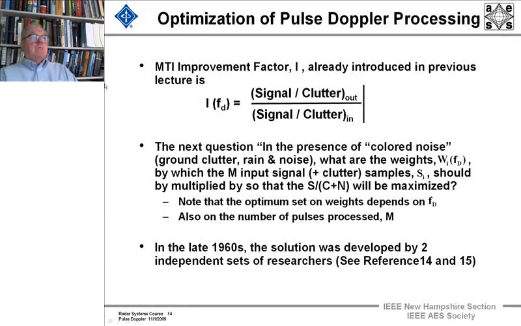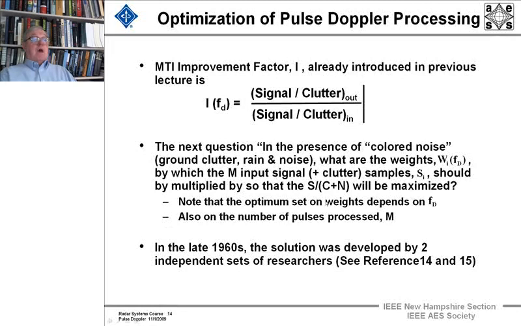Okay, now I just want to remind you from before, the MTI improvement factor that we previously introduced. That's the ratio of the signal to clutter out to the signal to clutter in. The next question is, in the presence of colored noise, ground clutter, rain, and noise, what are the weights we should use to multiply the M input signals, S sub I, in order to maximize it?